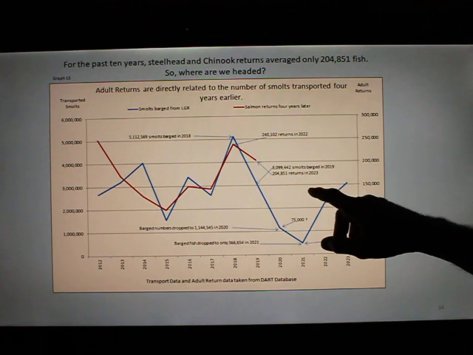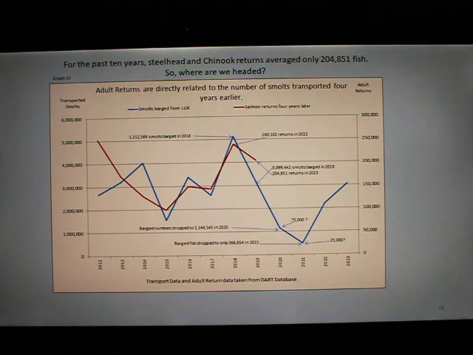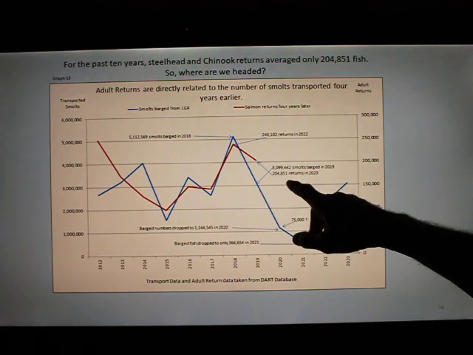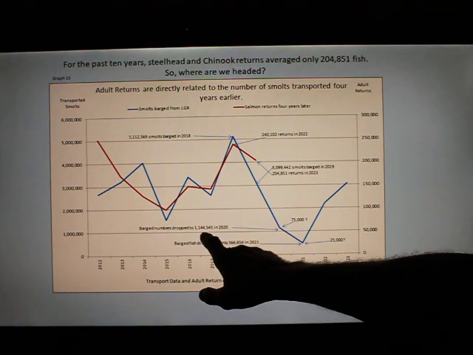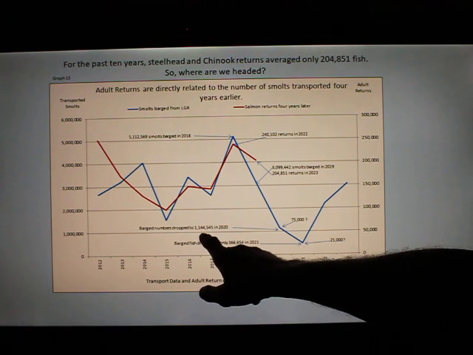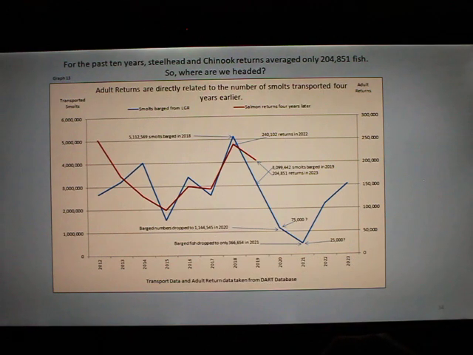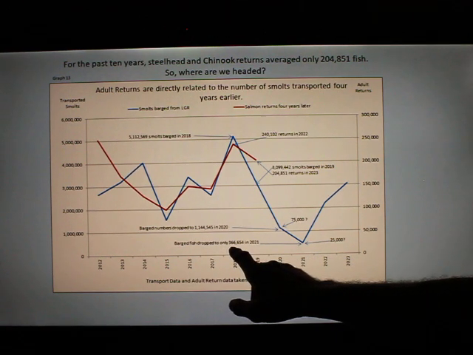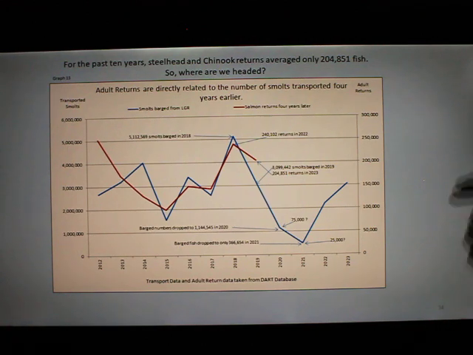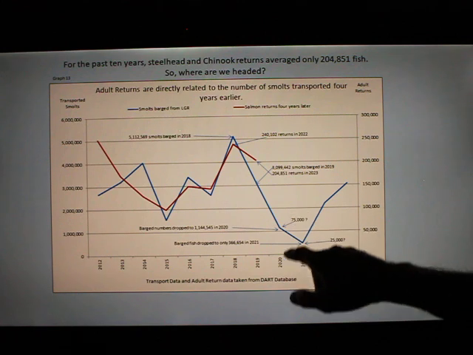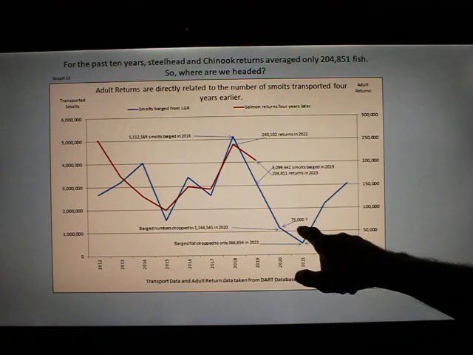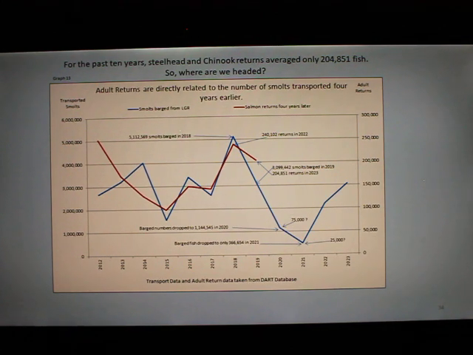Then barging was reduced to 3 million smolts, and the result 4 years later was 204,000 adult returns. Then barging was reduced by 2/3 down to 1.1 million, and then again down to 366,000. So the question is, we know what the returns were in 2003. When you reduce barging, where are we headed?